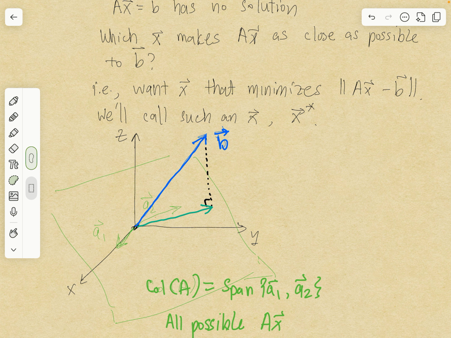So what concept is that? What's this vector called? This vector here? It's the projection, right?